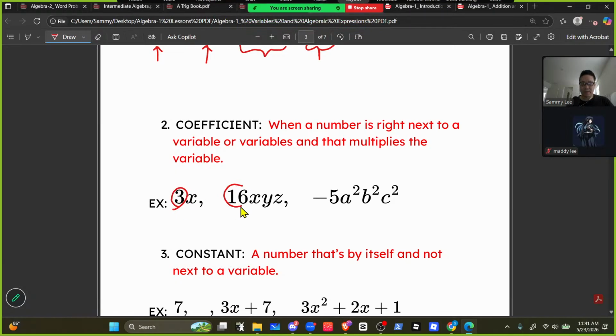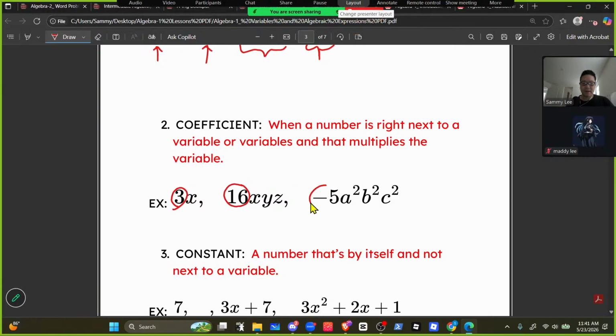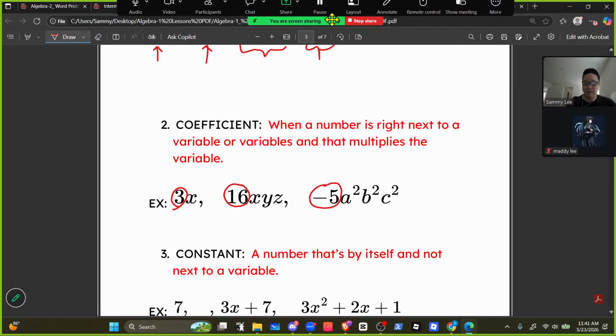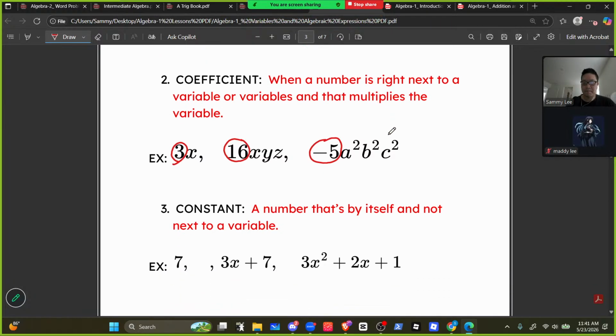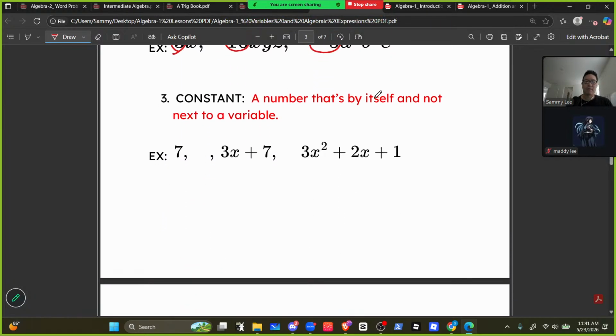In this example, it's 16. This is negative 5. Okay, those are called coefficients. A constant is just a number by itself. So 7 is just by itself, so that's a constant. In this expression, 7 is the constant again. And then in this expression, the 1 is the constant.